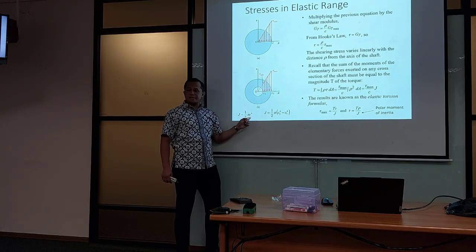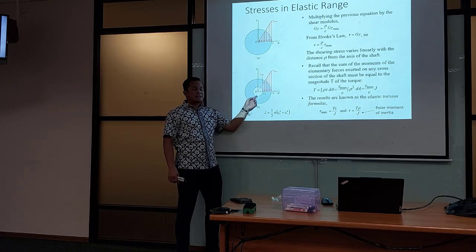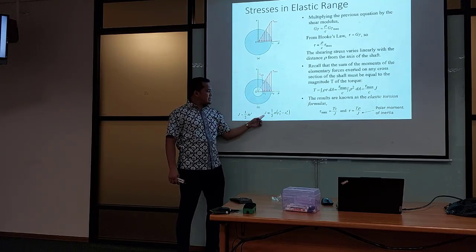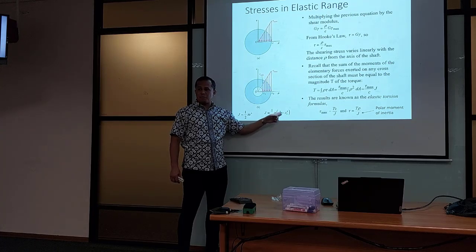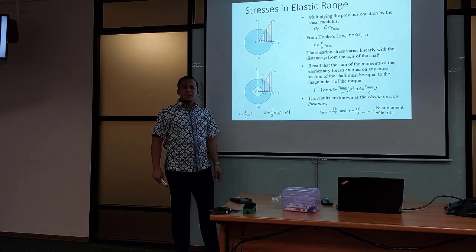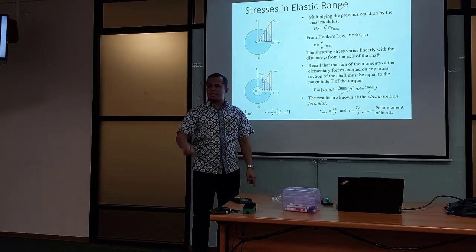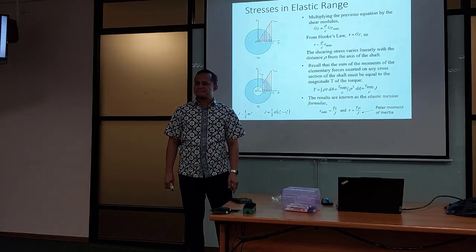C is the radius. If it is a donut shape, J is defined by the outer radius power 4 minus the inner radius power 4. So J represents the cross section.